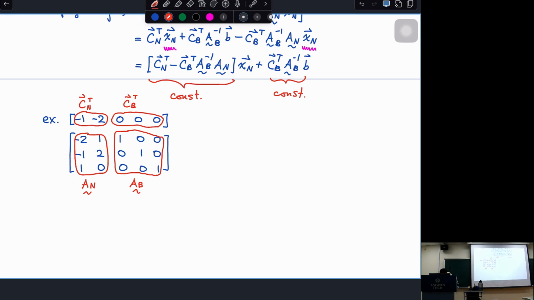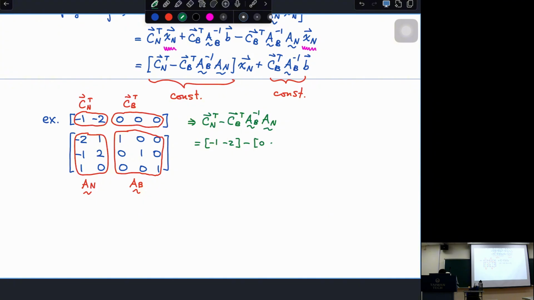So in this particular case, cn transpose minus cb transpose AB inverse AN gives me -1, -2 minus cb, which is 0, 0, 0.